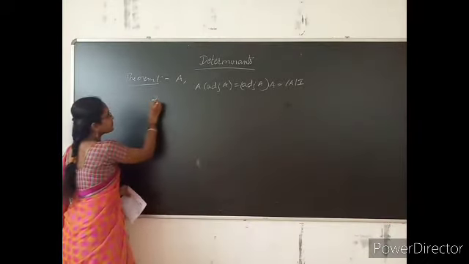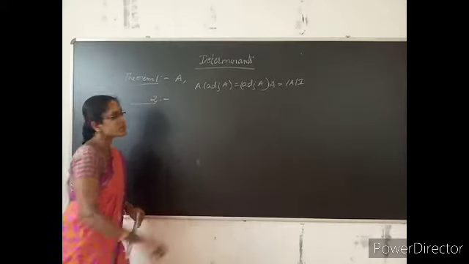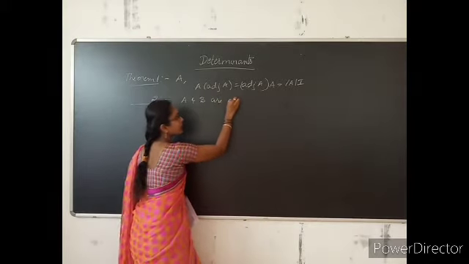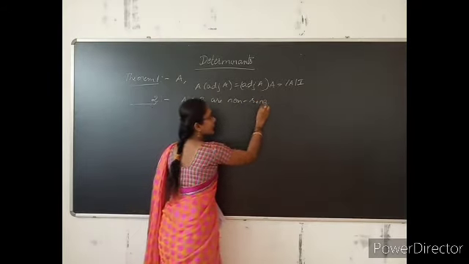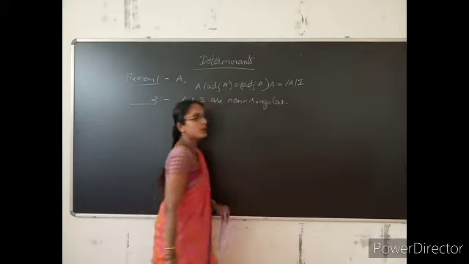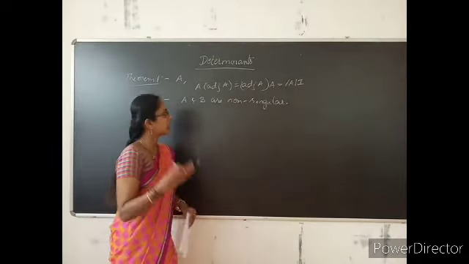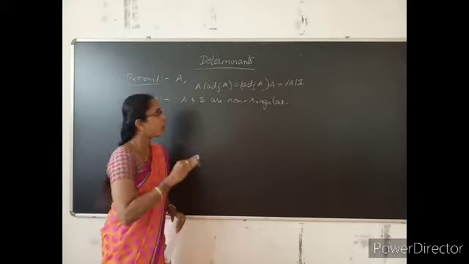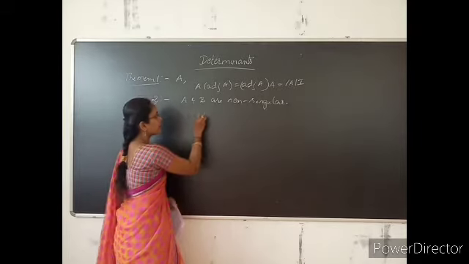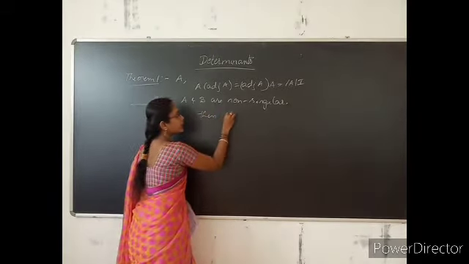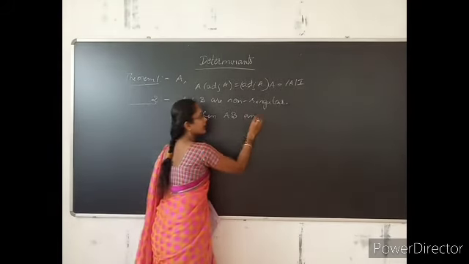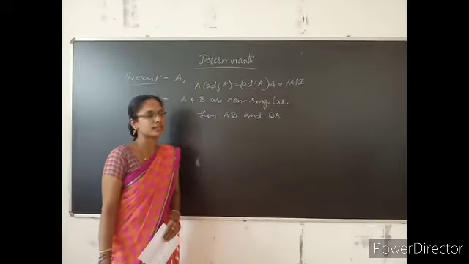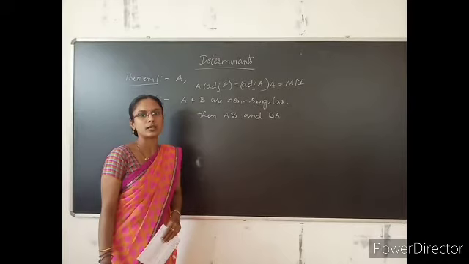And the second theorem says, if A and B are two non-singular matrices, that means determinant A is not equal to 0 as well as determinant B is not equal to 0, of the same order, then A into B and B into A are also non-singular matrices.